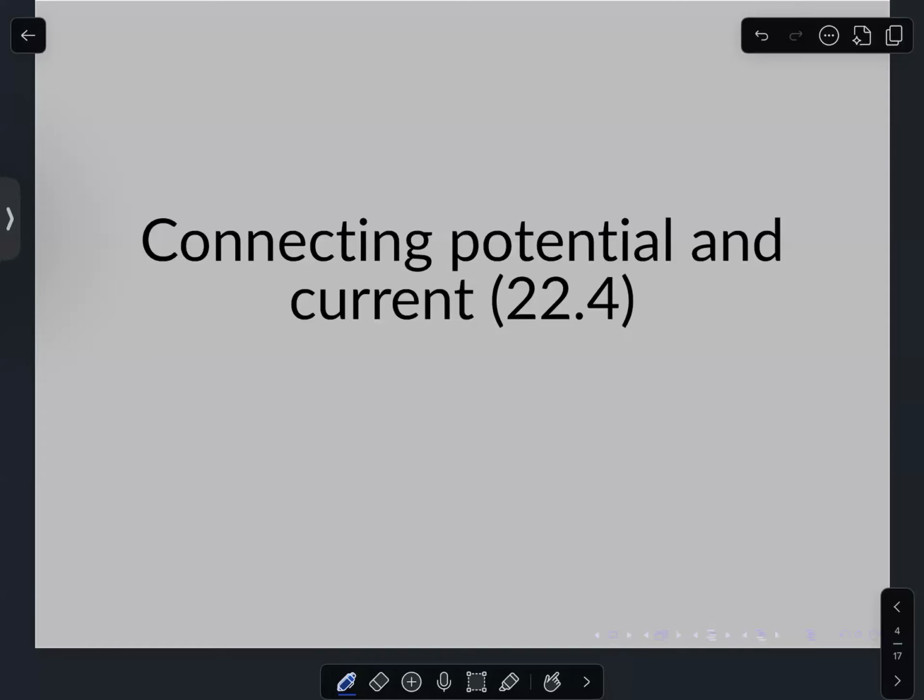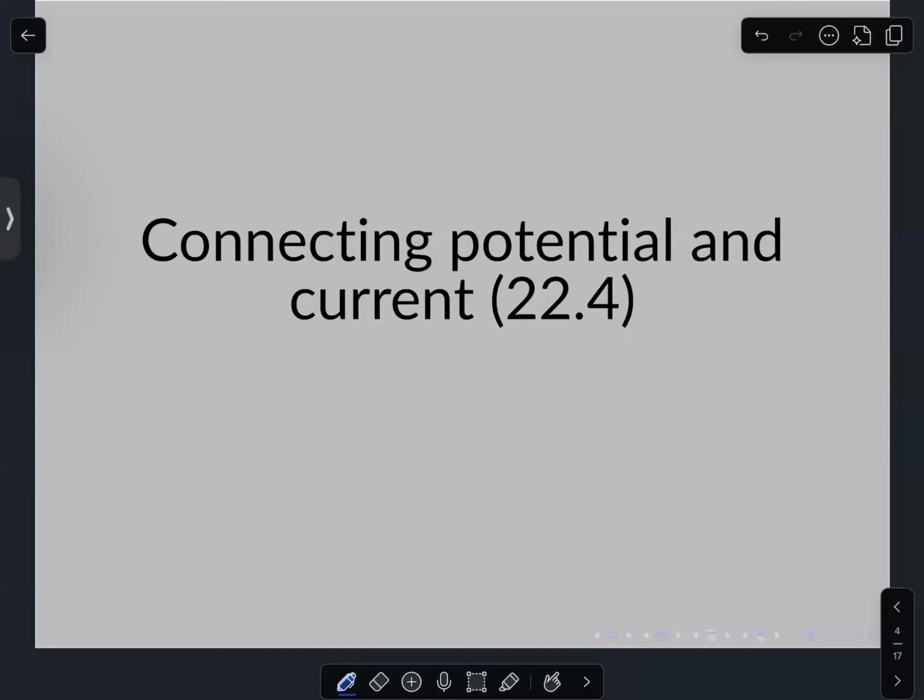But going back to what I was saying, I want to emphasize that what I'm about to show you with resistance is true for one kind of component and one kind of component only, the resistor. It is very common for students to think that the equation I'm about to give you is a universal, always true equation, and they apply it in situations that make no sense to apply.